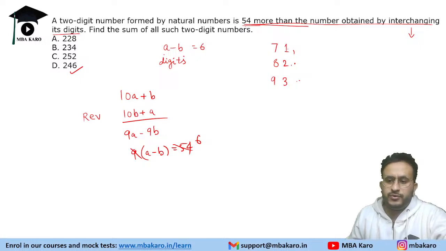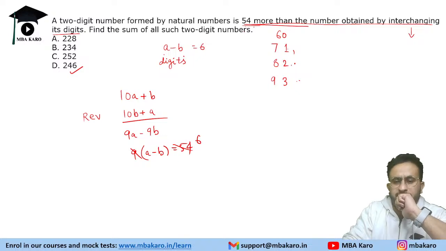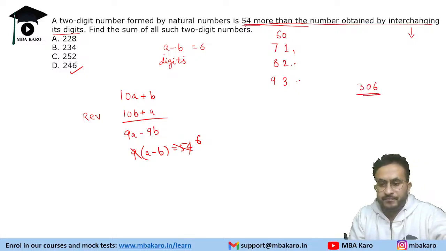Yes, 60 is also possible. The condition does not say the reverse is necessarily two digit. So we will take 60 also in that case, because it is not given that the reverse is also a two digit number. If that was given, then you would not consider it. So the answer would be 306 in this case.